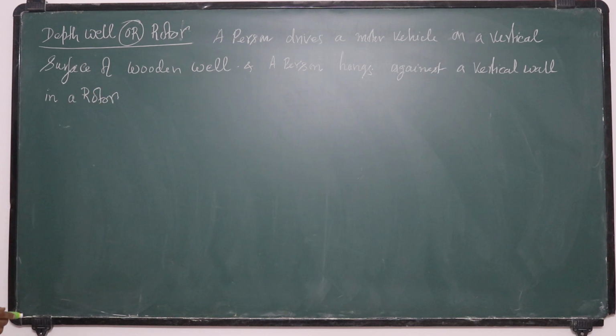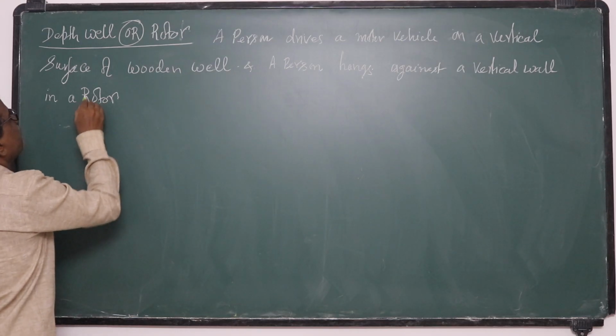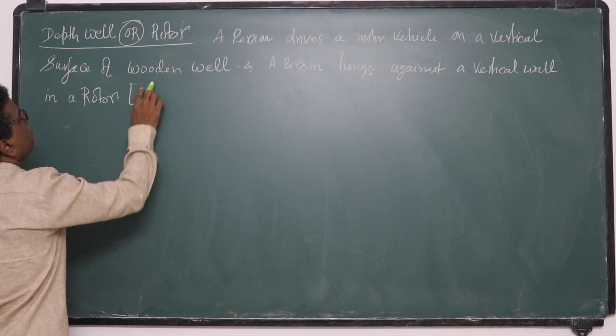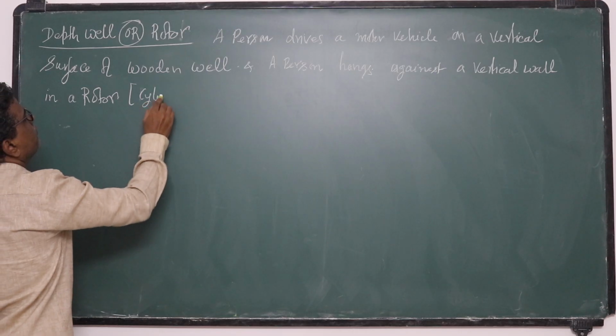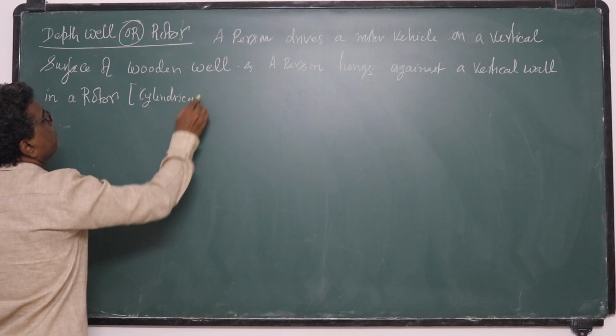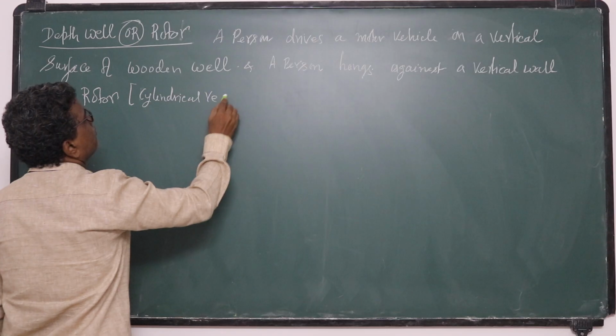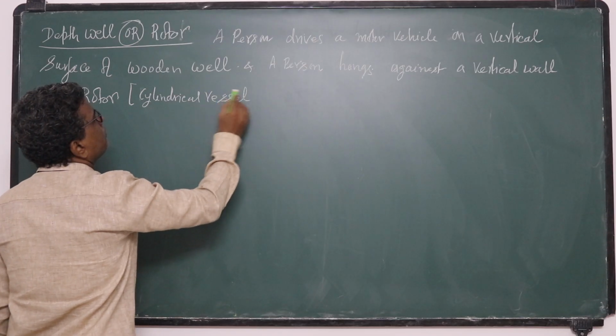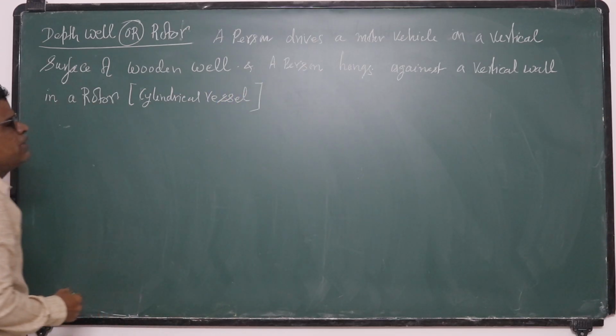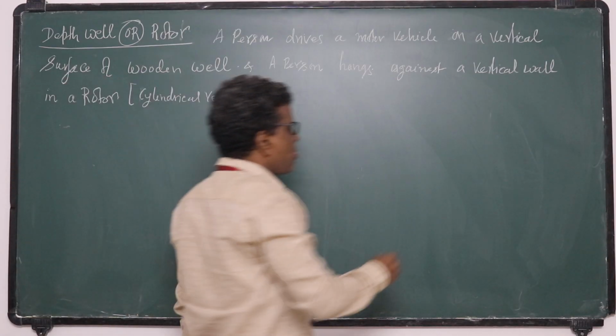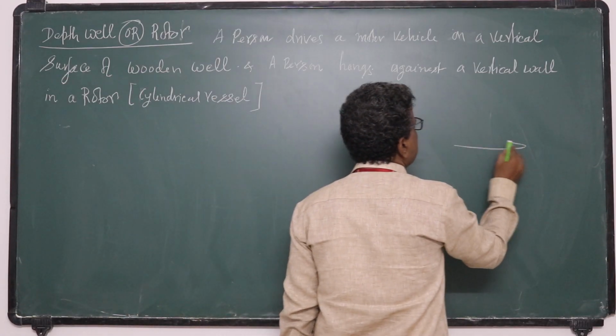Rotor is a cylindrical vessel. What is a rotor? A cylindrical vessel which rotates with a certain angular speed about its own axis. Let us see how it is possible.